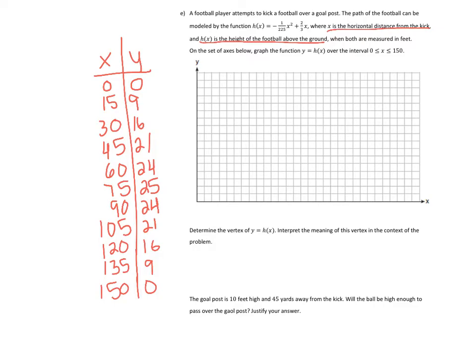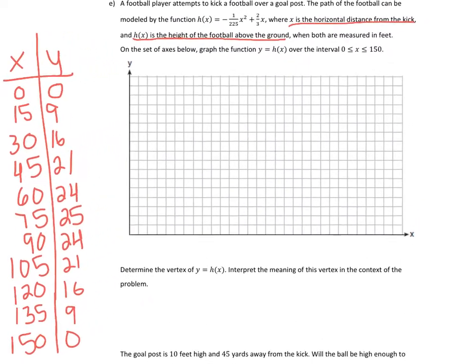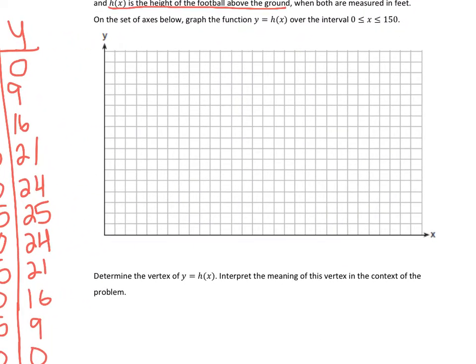While I graph this, I'm going to cover my table up so I can maximize it on your screen, but make sure you have this table jotted down on your paper as well. When we're graphing, we need some labels here. It tells us that h of x is the height of the football above the ground. And our horizontal axis, our x-axis, is the horizontal distance from the kick. So let's go ahead and label those.